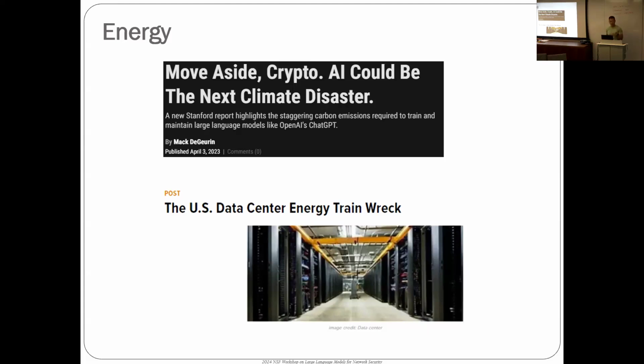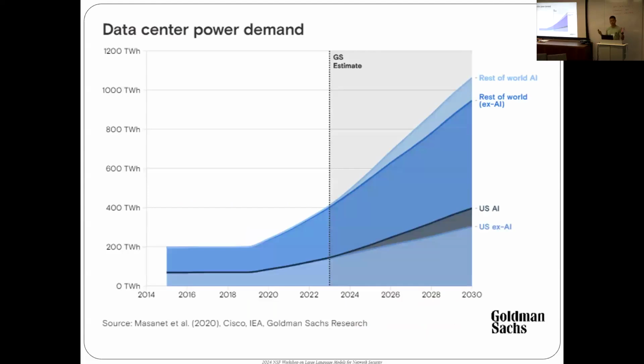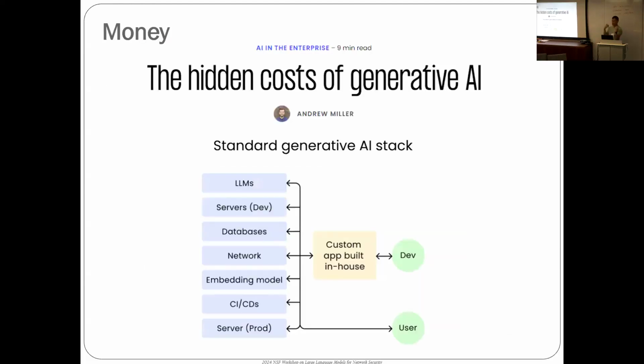So this is an article about the US data center energy train wreck. And this is the percentage difference in cost between a generative AI world versus one that's not. And this is substantial. This actually means a lot to the students in the Northwest. But it's not just energy, it's also about money.